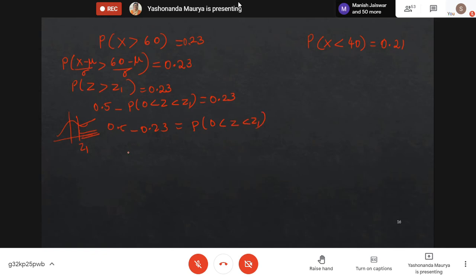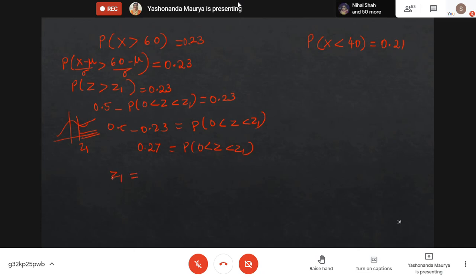So what is this figure? 0.5 minus 0.23 is 0.27. So 0.27 is equal to the probability that z lies between 0 and z1. Now we can look it up from the table and identify what z1 is equal to.